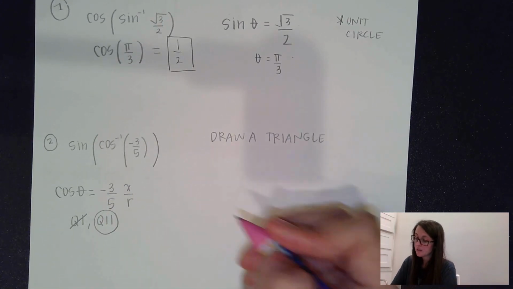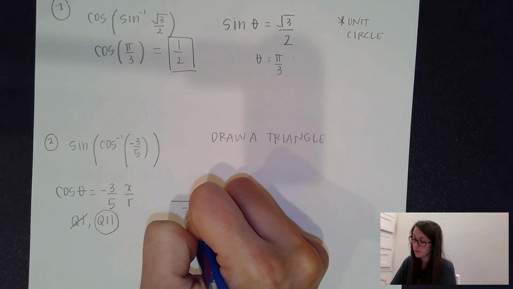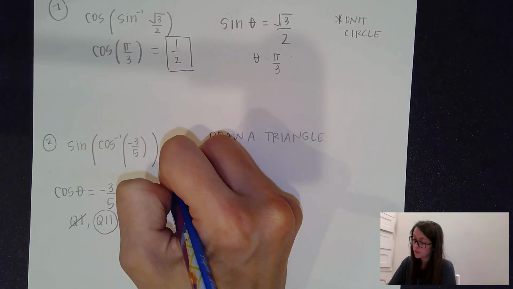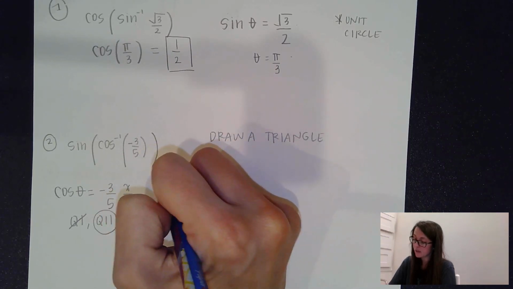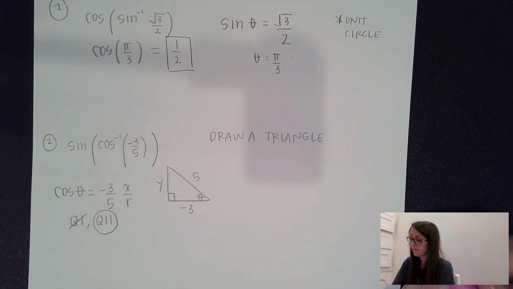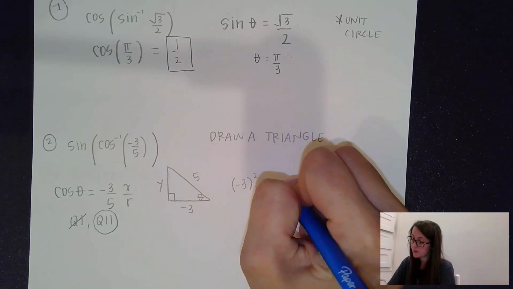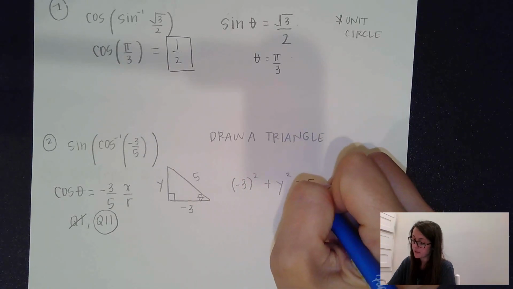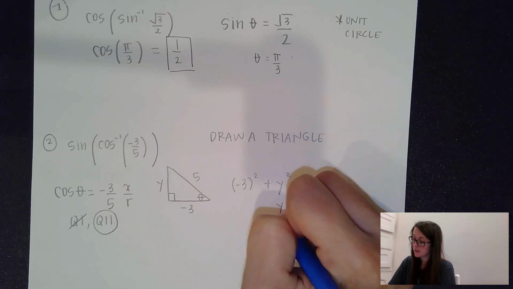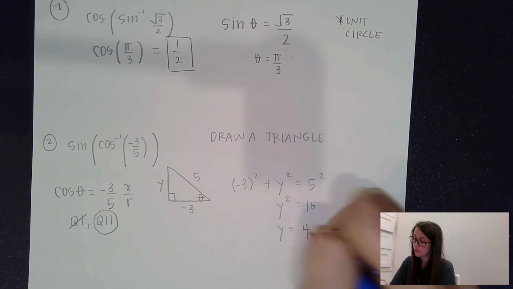Okay? So I like to draw my triangle. So if I drew my triangle this way, this would be a negative 3. Our radius is going to be a 5. So what I'm looking for is my y value. Okay, so I will have a negative 3 squared plus y squared is going to be equal to 5 squared. So 25 minus 9 is 16. The square root of 16 is 4.